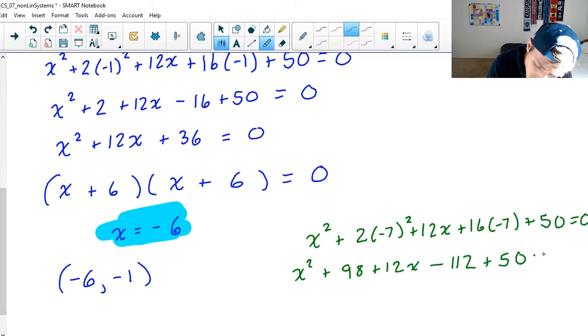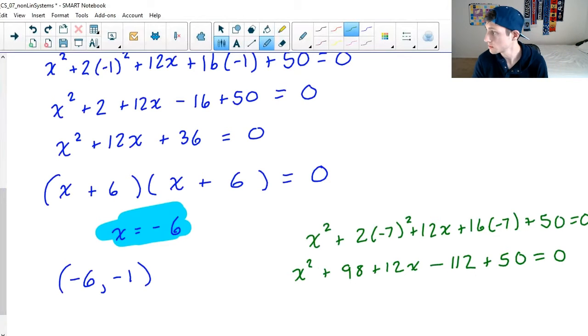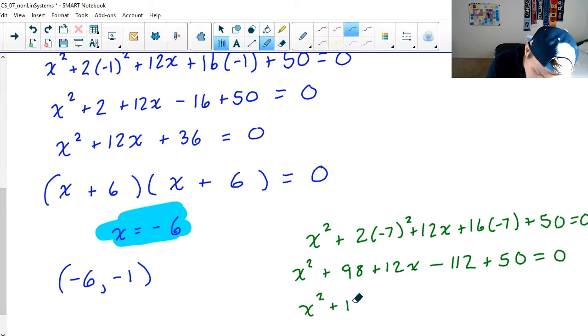And then plus 50 equals 0. Let's just combine all the constants together. So the 98, the negative 112, and the 50. x squared plus 12x, 98 minus 112 plus 50, 36 again.